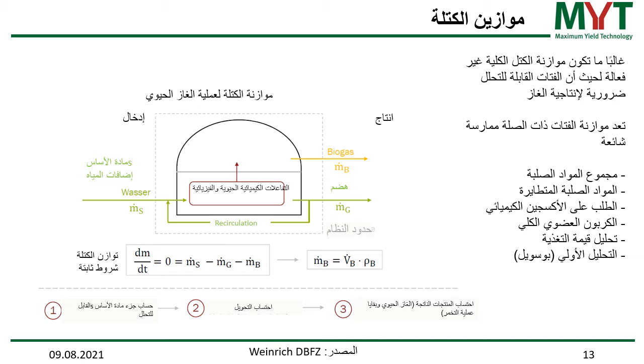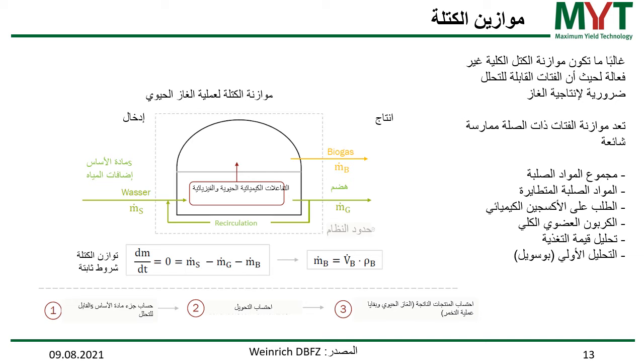What is not really easy is to go into the details or go into the fractions of your substrate. It doesn't make sense for a biogas process to balance the overall masses, so simply tons per day in, because for the gas production, the decisive fraction is the organic fraction, which comes with the substrate.